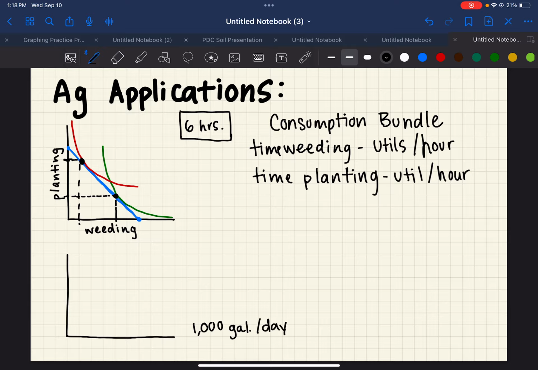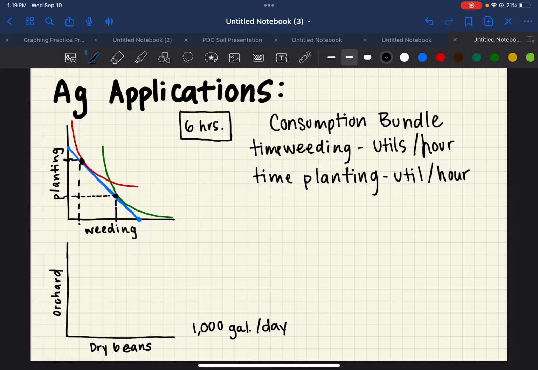And in reality, this number would probably be a lot greater, but for our purposes, let's say it's 1,000 gallons per day. It's a nice easy number to think about. Now we could spend that 1,000 gallons of water irrigating, let's just say 2 crops that we have. We have an orchard, and we have dry beans.